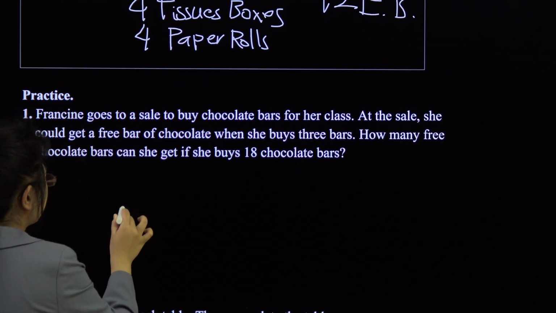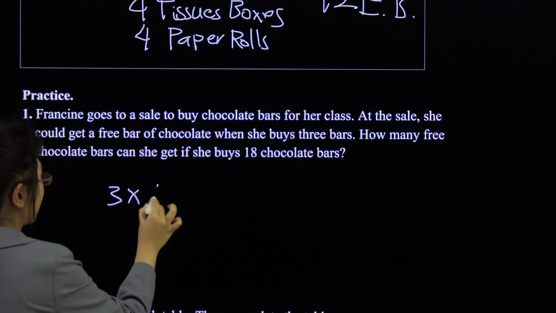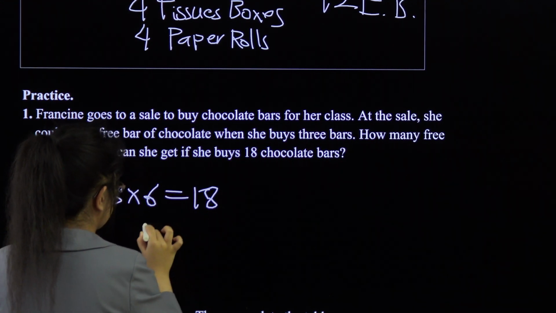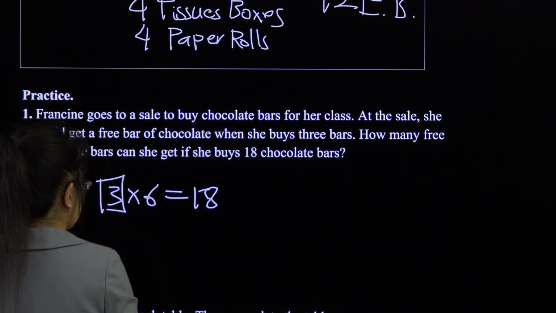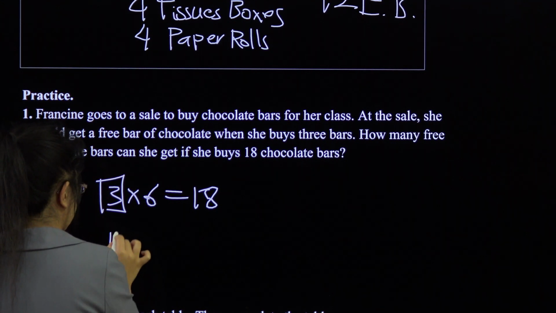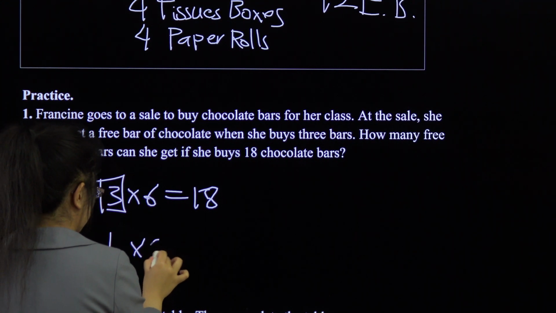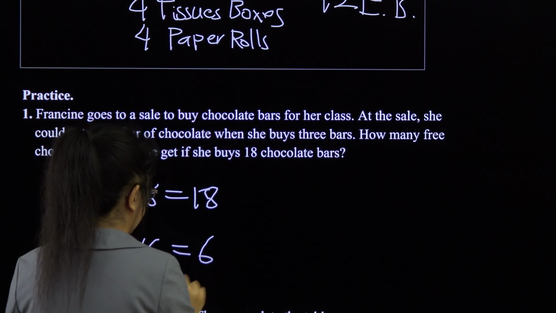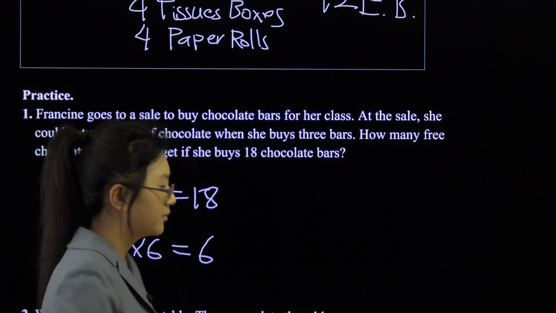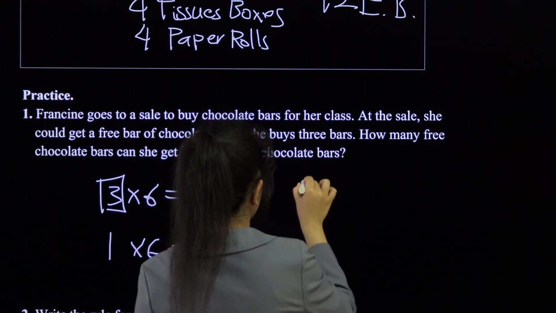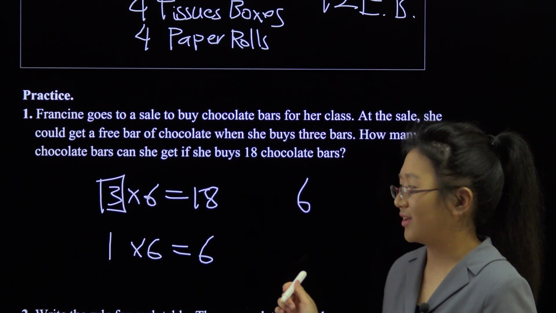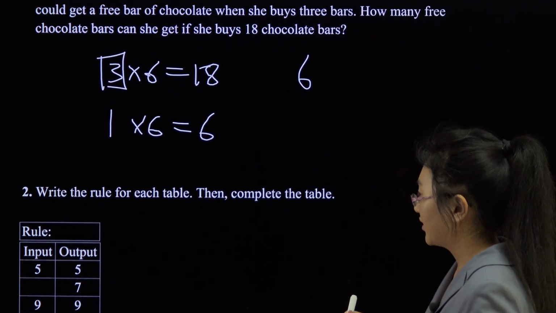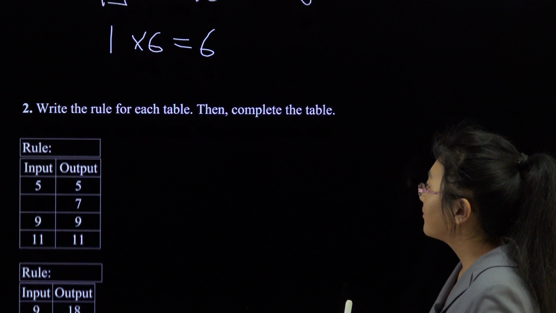Now that's 3 times 6 equals 18. So technically, since it's for every 3, she gets 1, then it's 1 times 6 is the amount that she will get free. So she'll get another 6 free chocolate bars. 6. I recommend that you answer in full sentences though, because some teachers are particular about it.